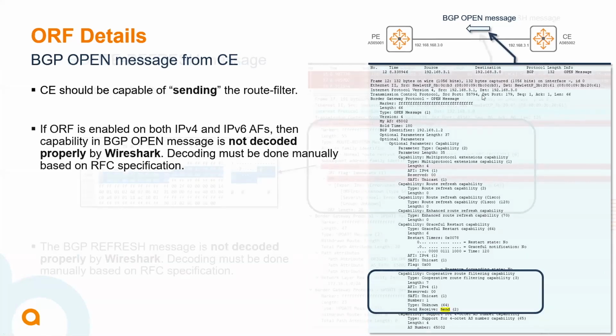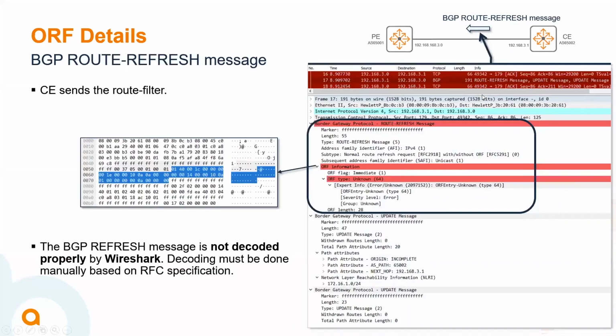Then, how the CE is exchanging the information about the prefix list. There is a route refresh message that is sent from the CE to the PE, where you have the outbound route filtering information field. In Wireshark, you will see that.